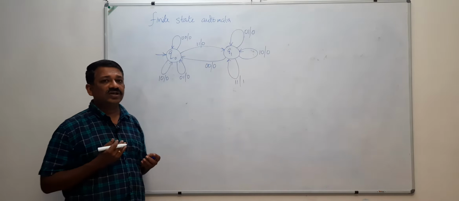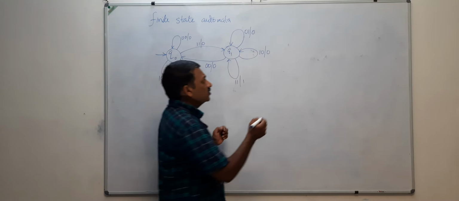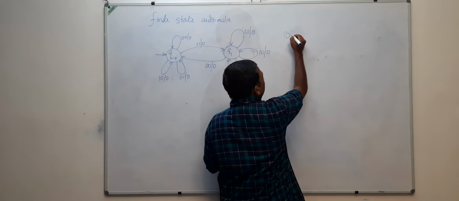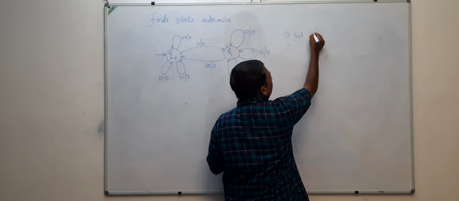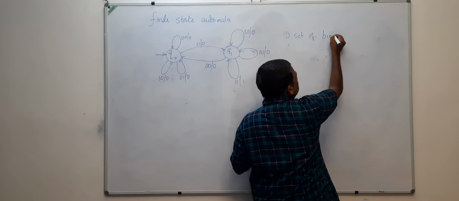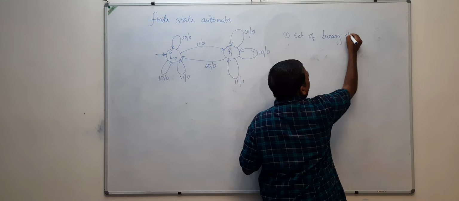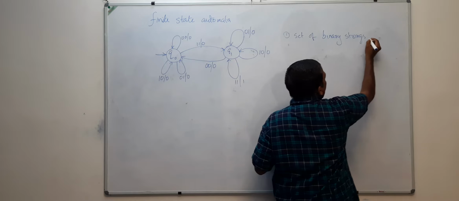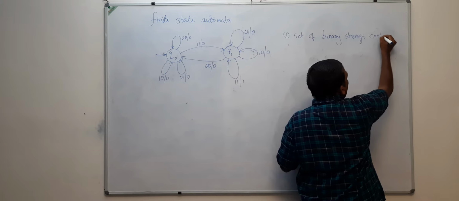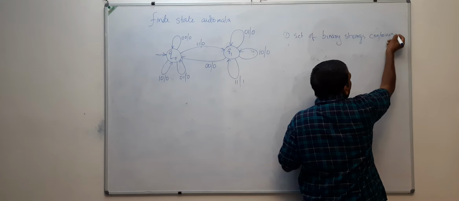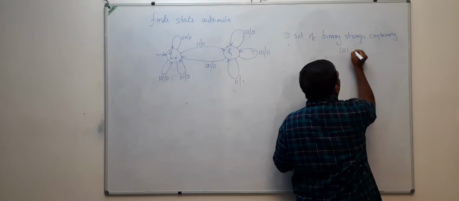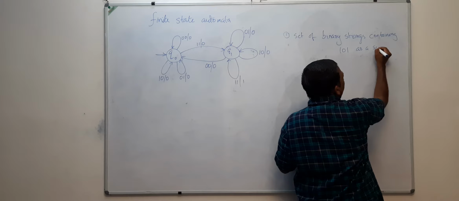Language means certain strings. For example, suppose that you have a set of binary strings containing 101 as a substring.